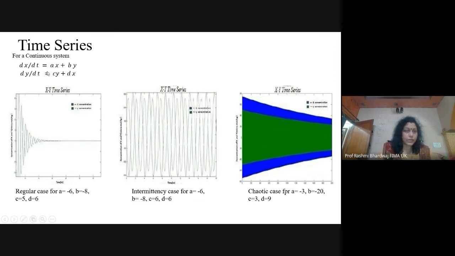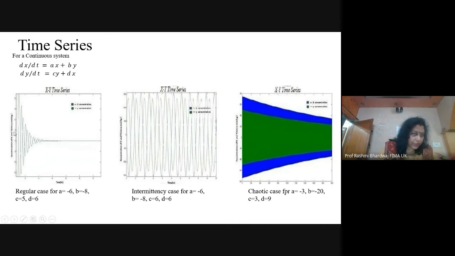So if you take a value as -6, b value as -8, c value as 5, and d value as 6, you get this structure of the series. The first series, I think it is visible. The blue series is your x series and the green series is the y series.